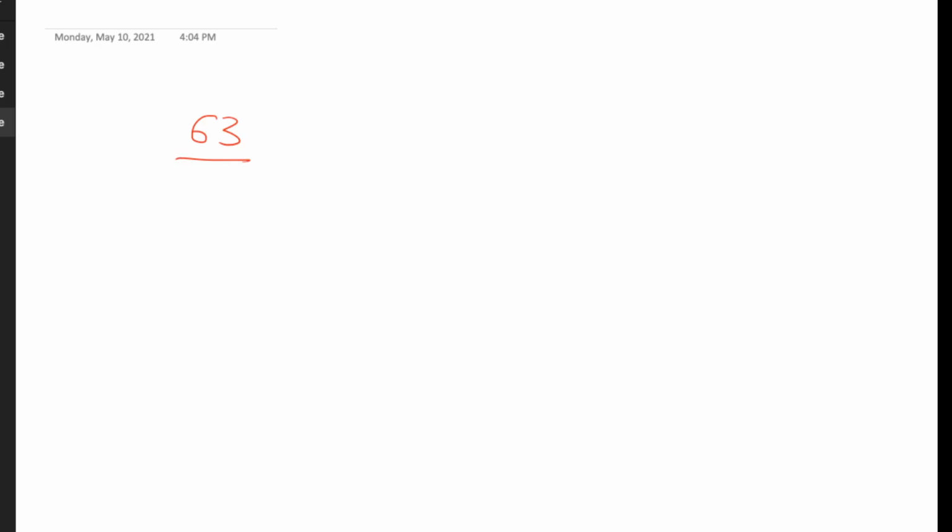So 63 hundredths versus 6 tenths. The way you can tell that this one is actually bigger is by making an equivalent fraction, right? So what would this be in just decimals?